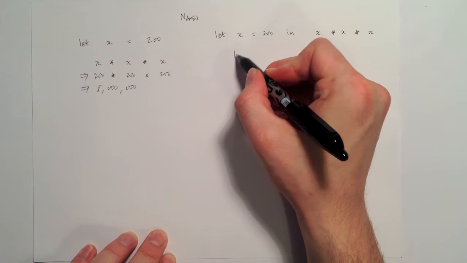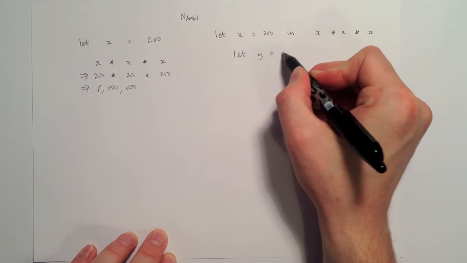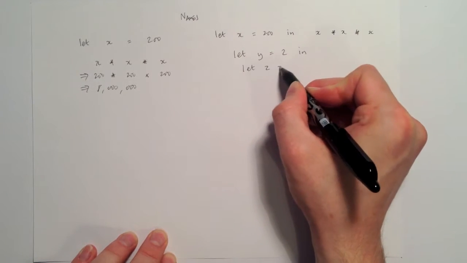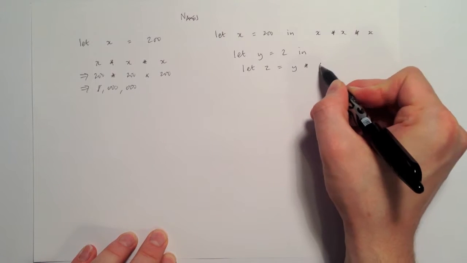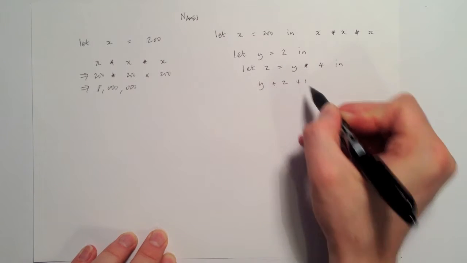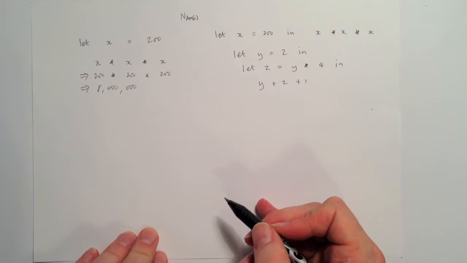And you can have more than one of these. You can write let y equals 2 in let z equals y times 4 in y plus z plus 1, for example.